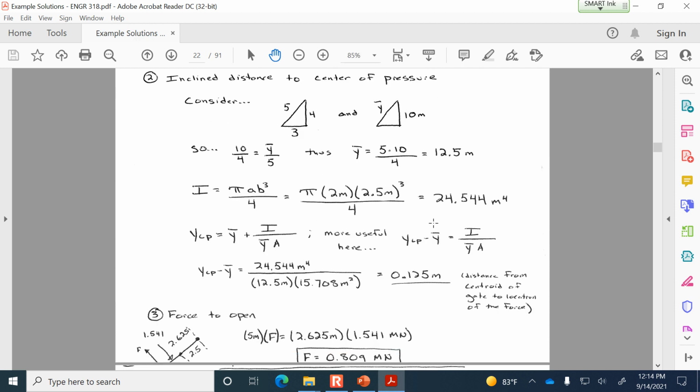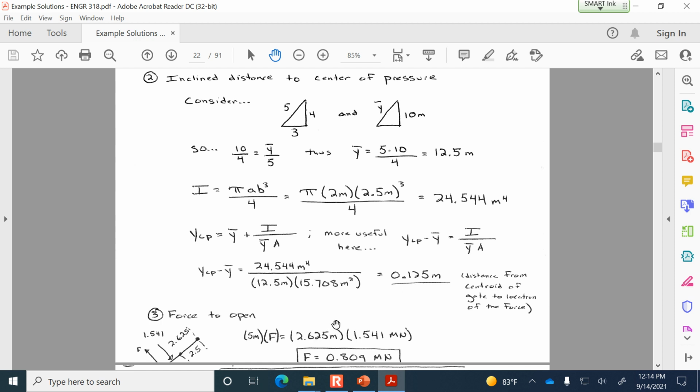And finally, it's asking what force is required to actually open the gate. And down here at the left, you can kind of see the moment analysis. We've got some unknown force acting at a distance of 5 meters from the hinge point. And then the 1.541 meganewtons that we just calculated, the hydrostatic force, acting at a distance of 2.5 plus 0.125. And so the moment distance is the distance from the hinge point to the center of area plus this extra 0.125 meters.